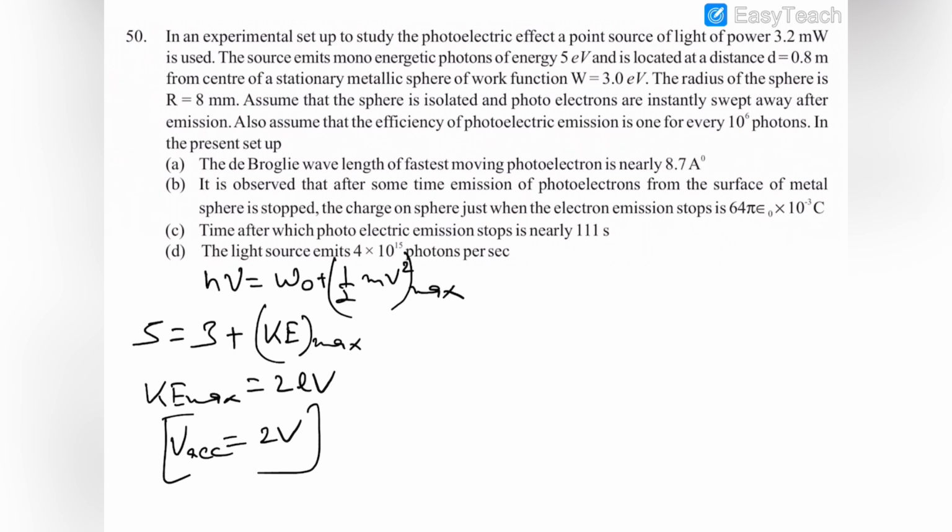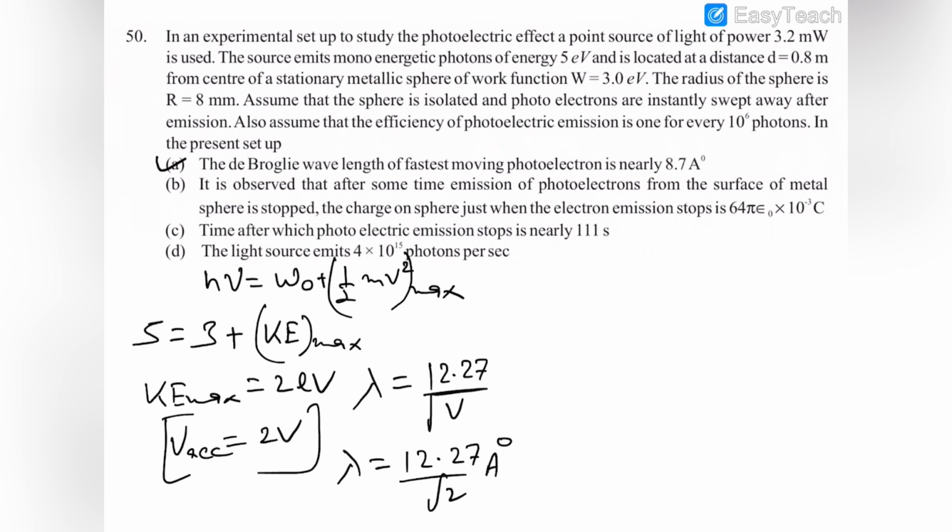So we can directly find its wavelength, which would be 12.27 upon root V. So V is 2, so lambda is 12.27 by root 2 angstroms. So it is approximately 8.7 angstroms. So option number A is correct.